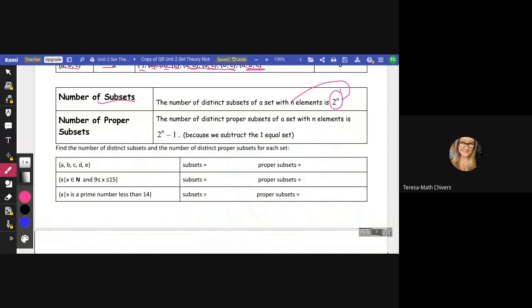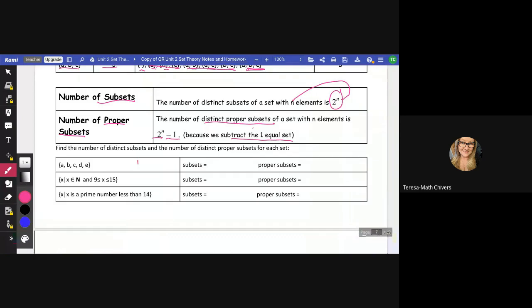Now, the proper subsets are all the subsets except the one that actually is equal. So when we're looking for the number of proper subsets, we do our formula 2 to the n, but we take away 1 because we subtract that 1 equal set. So here we want to find the number of distinct subsets and proper subsets for each set.